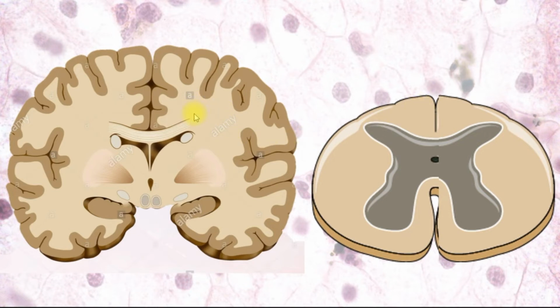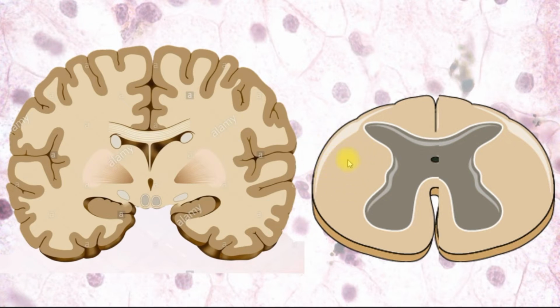So what is the principal difference between gray and white matter? Gray matter is composed of perikaryons of neurons, and it also includes glia and beginnings of the dendrites and axons. White matter is completely composed of axons and dendrites, and perikaryons are absent here, but white matter also contains glial cells.